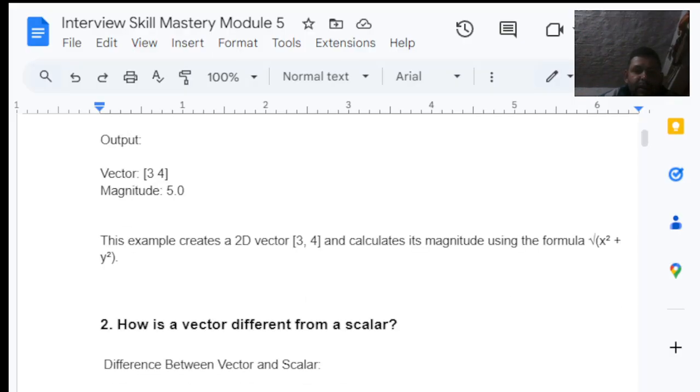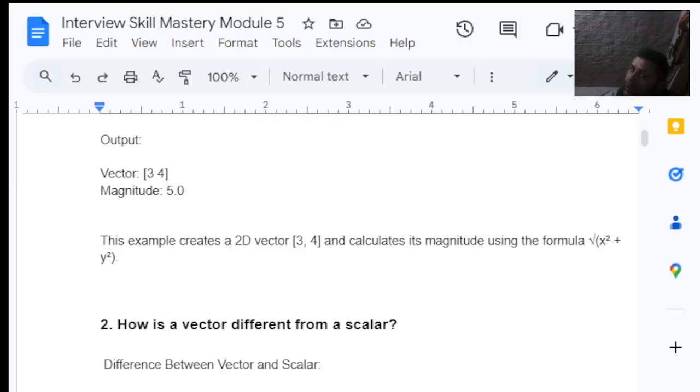So this is the difference between vector and scalar. Definition of the vector is, vector has both magnitude and direction, and scalar has only magnitude, no direction. So example is velocity equals to 60 km per hour in north.